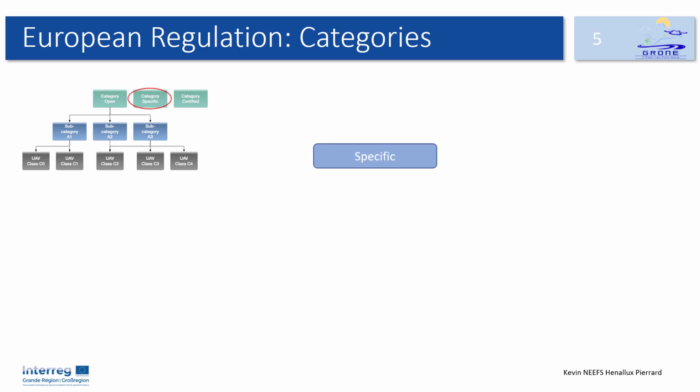In the specific category, the drone cannot fly over 120 meters.